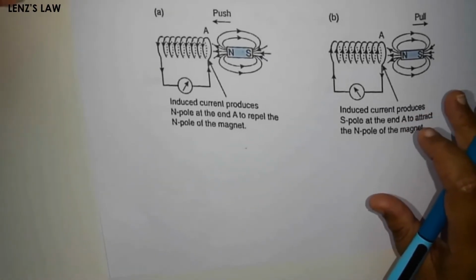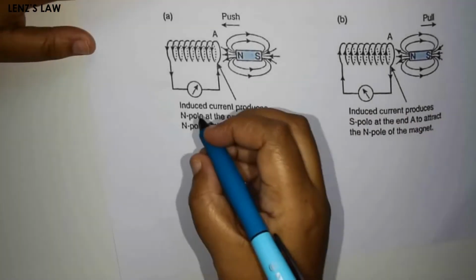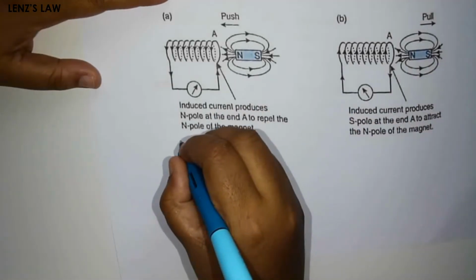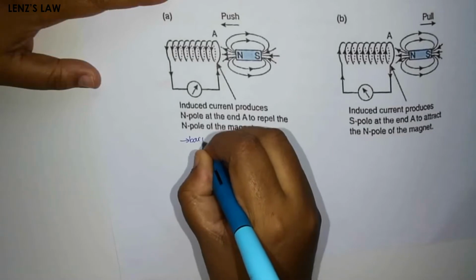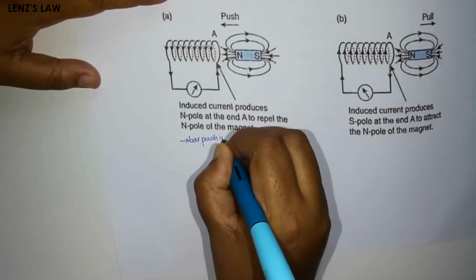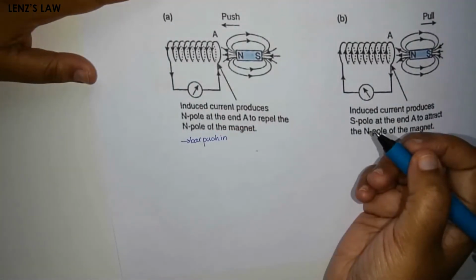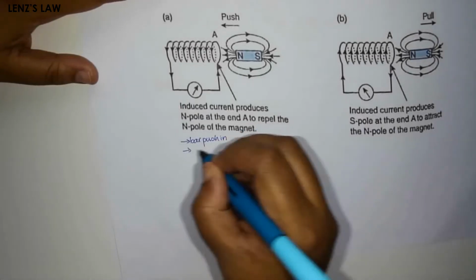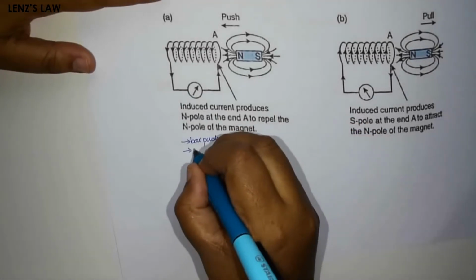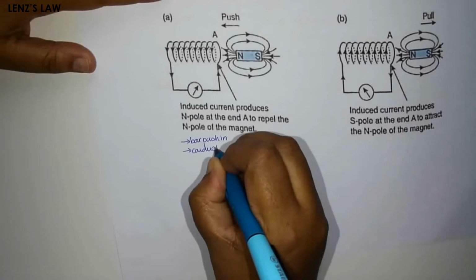What we have studied under Faraday's law is that when the bar is pushed in, the coils or the conductor will cut through the field.